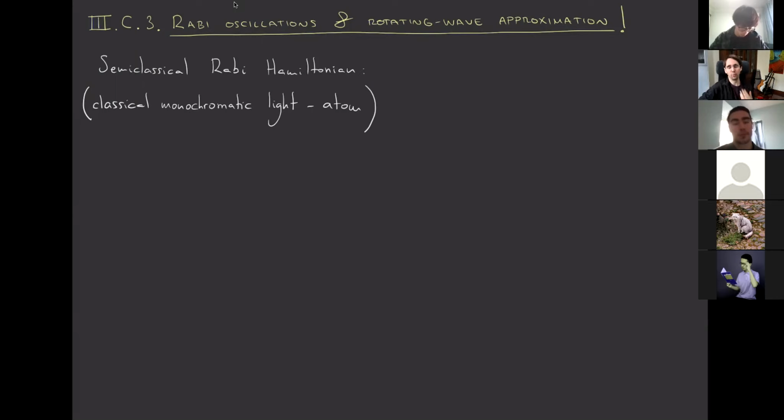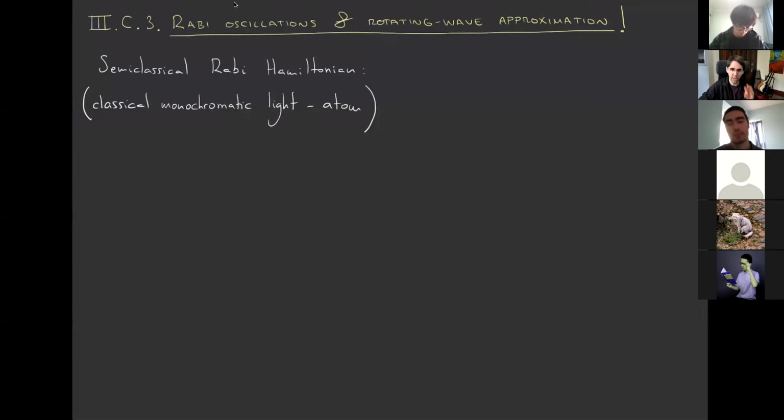So how do we do this? Maybe we will also see it in this course, or you will see it in future courses of quantum optics, but we do it with the laser. The laser creates such a monochromatic beam of light, and for large intensities, this is a coherent state, and it's therefore a classical state, classical monochromatic light.